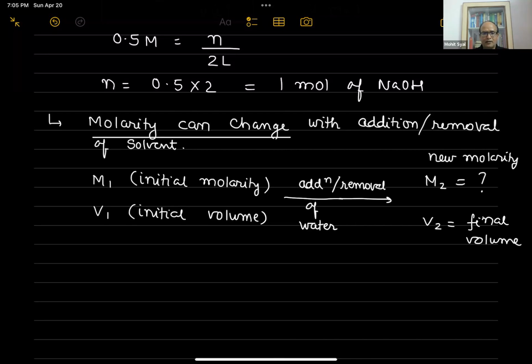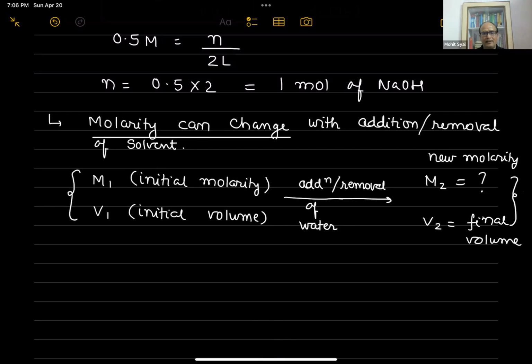So what is the relationship? We have added or removed only water but not the solute. Is it clear? By dilution. So what could be the relationship between the initial molarity and initial volume and the final molarity and the final volume if you add or remove just water?